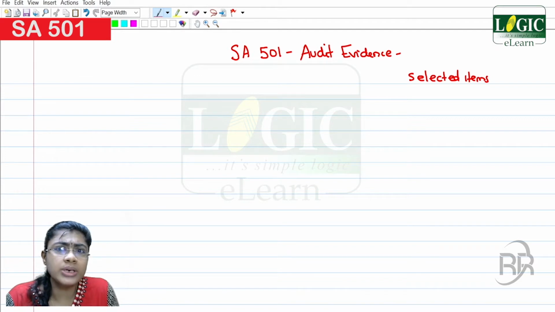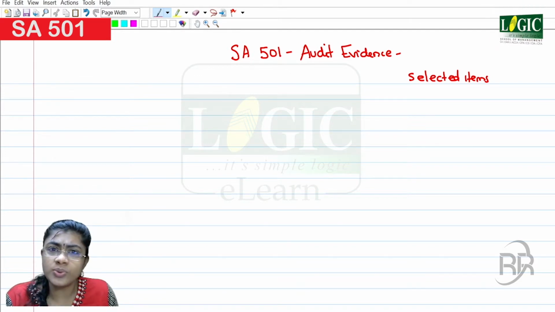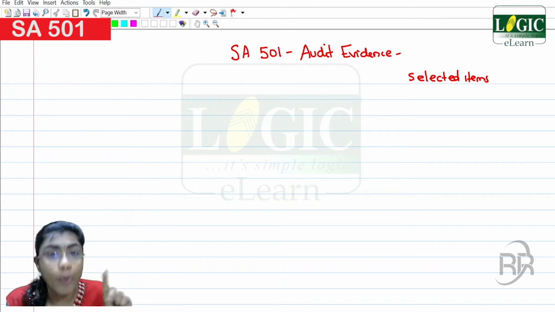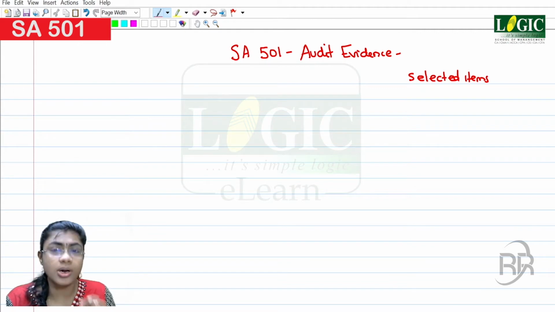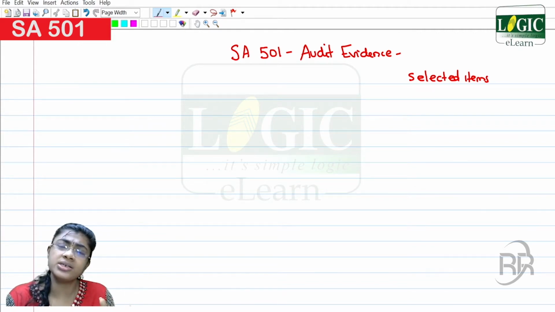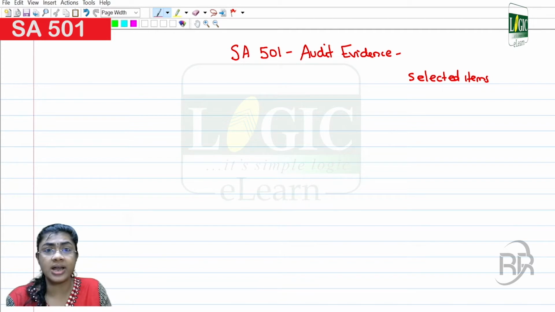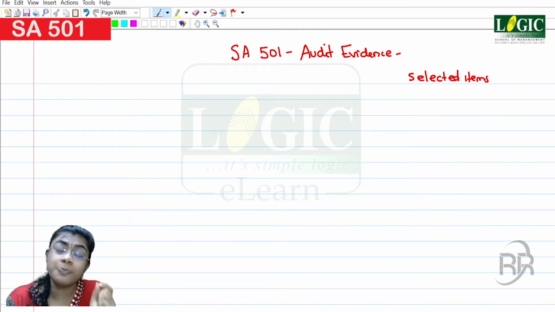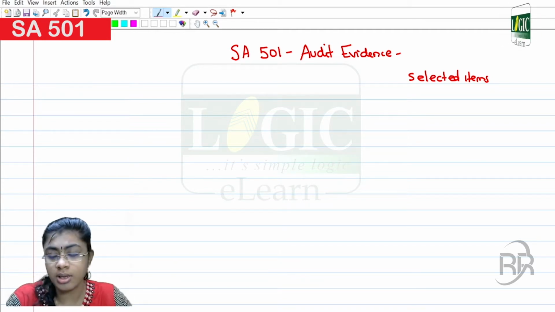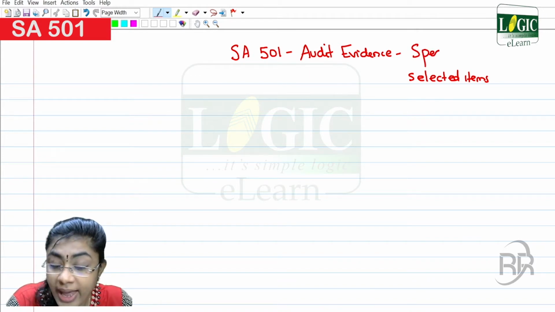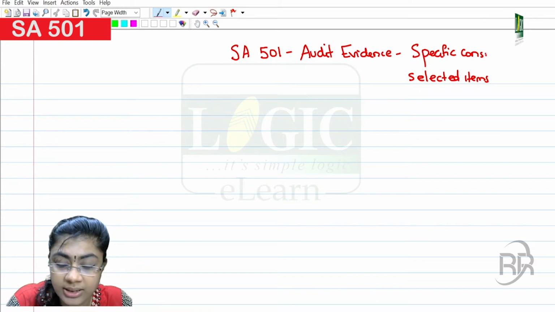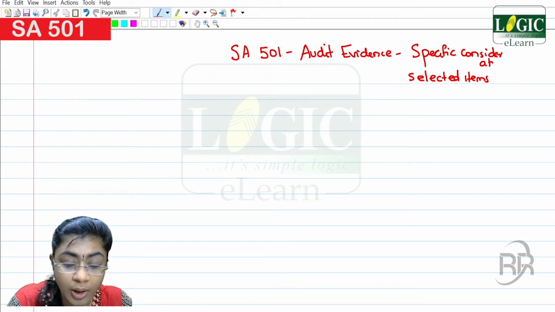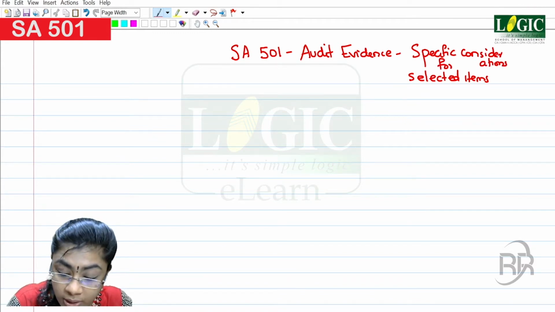Are we going to collect all the evidence with respect to these 3 selected items? Answer is no. Here we are going to collect audit evidence relating to these 3 selected items, only specific considerations. So, the SA name itself says specific considerations for what?